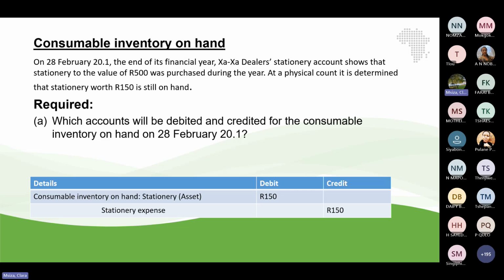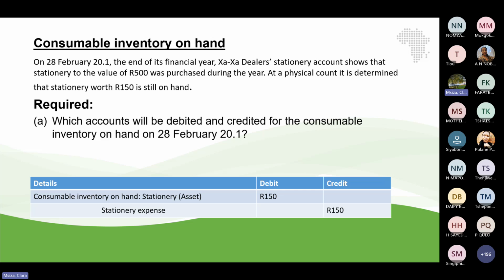We have already said, when you see consumable on hand, you know that you've got something left, which means it is your asset. And now we've got an expense that was overstated that we need to fix. So remember, expense increases on a debit side and decreases on your credit side. Hence, now we are decreasing our expenses because they were overstated. Are you happy?